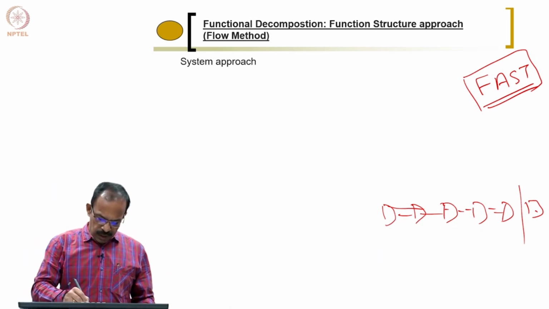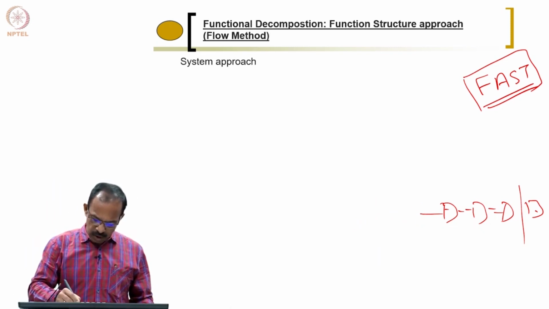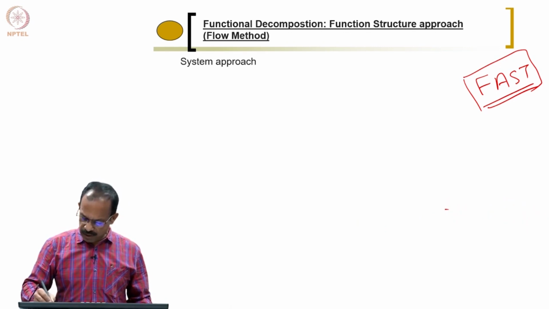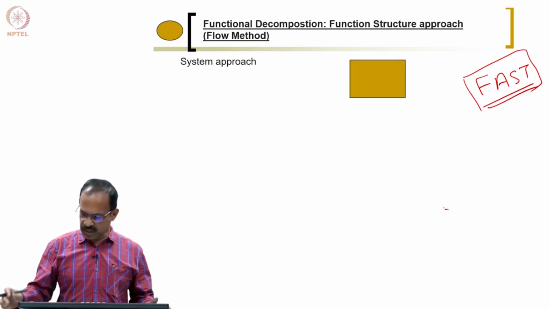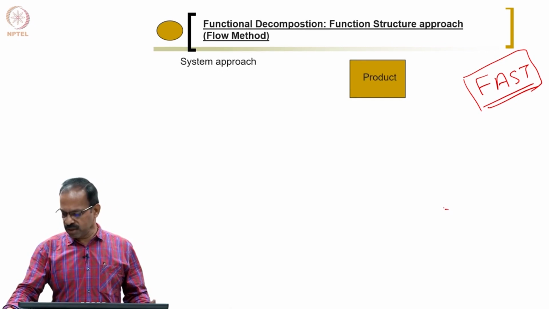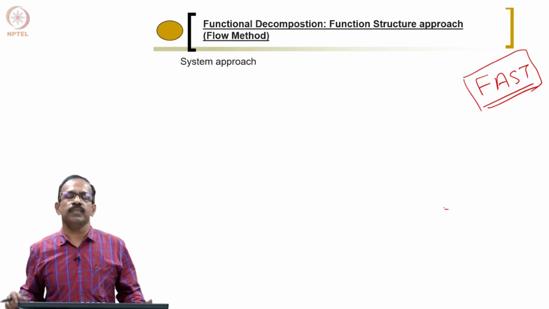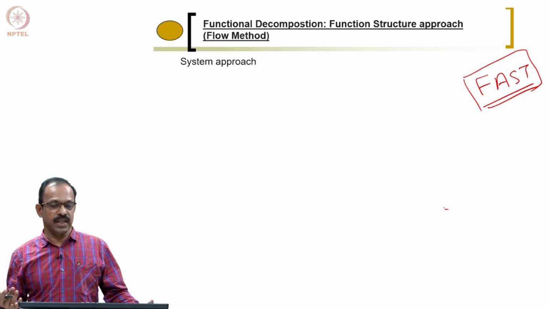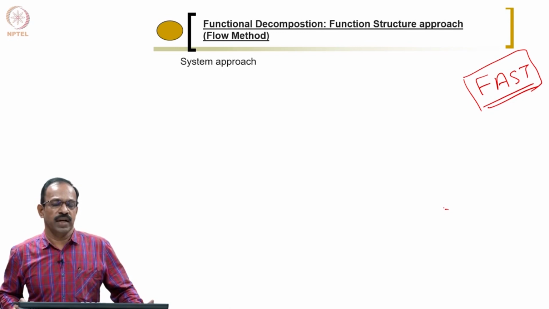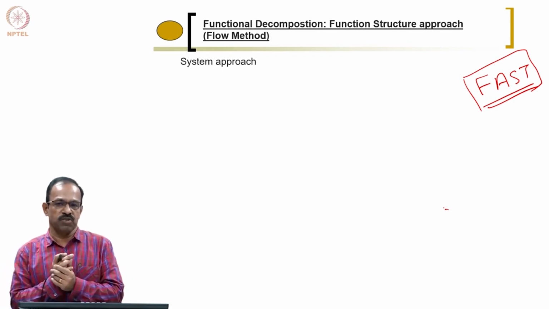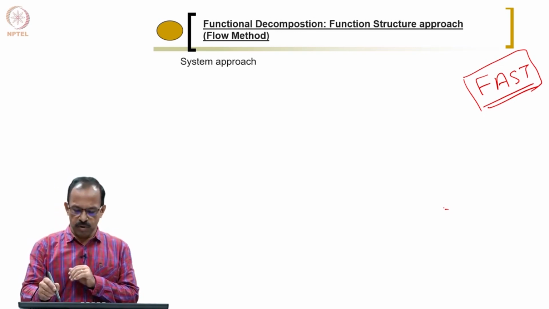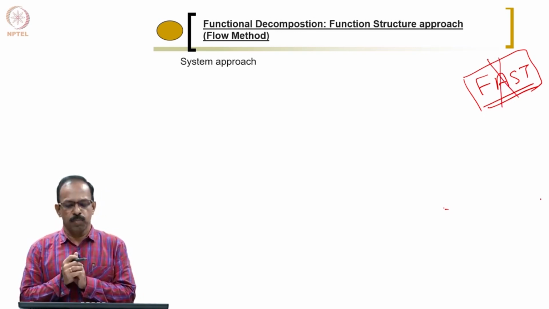So, we need a more robust method which can take care of products having multiple critical paths, with multiple kinds of materials going inside, where it is not a very simple product but a much more complex product. For such products we cannot use the FAST method.